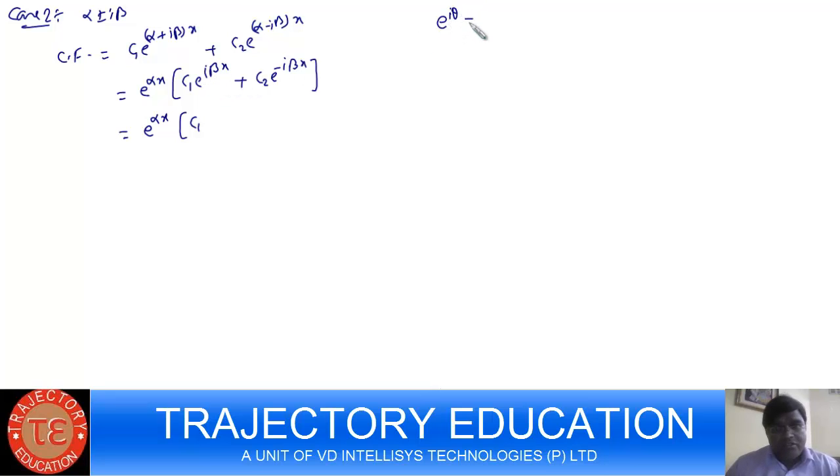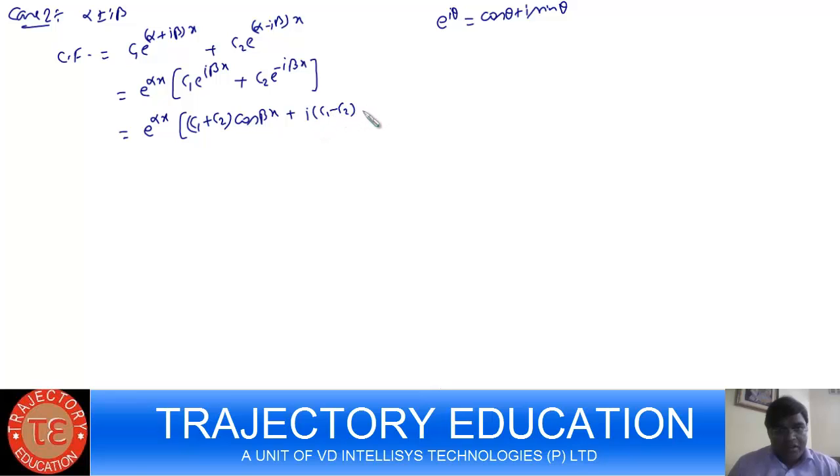If I open this, e to the power i theta is cos theta plus i sin theta. So e to the power i beta x is cos beta x plus i sin beta x, and the other is cos beta x minus i sin beta x, then this can be written as c1 plus c2.